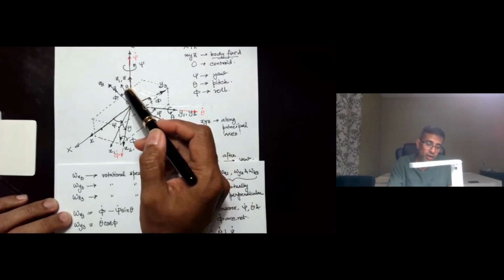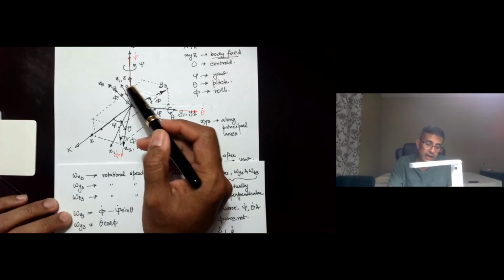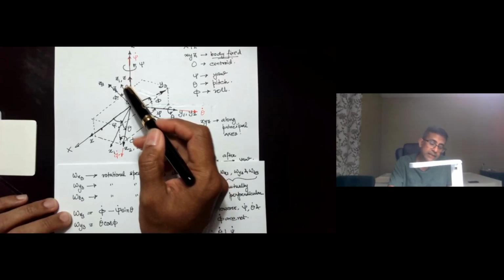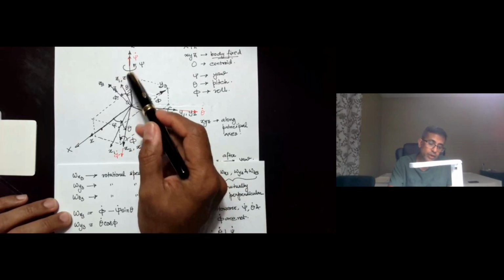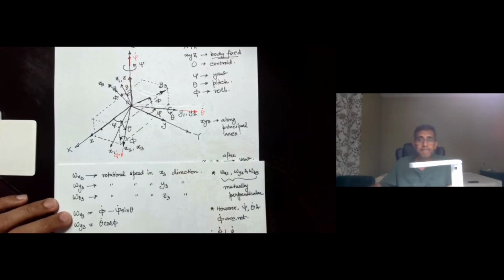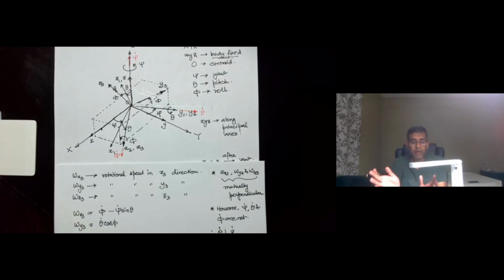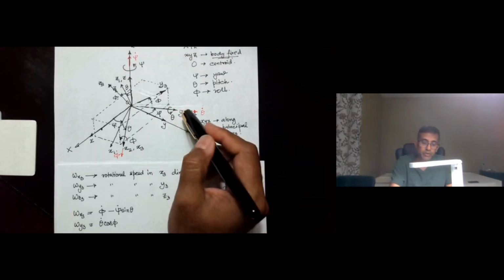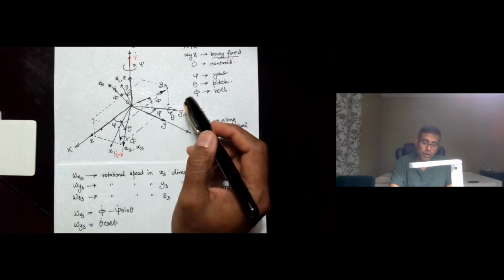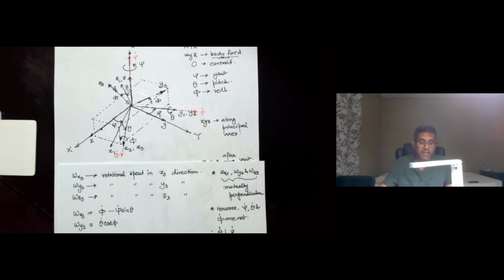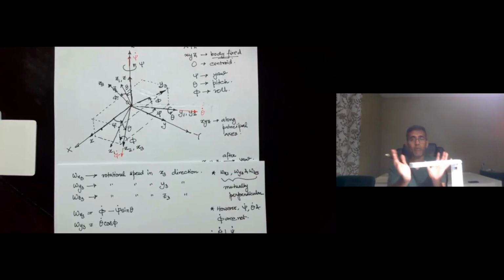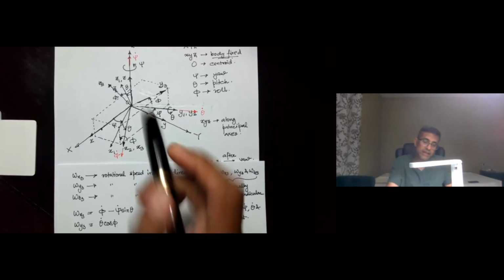Because psi dot, if you resolve it in the z2 direction, is going to be psi dot cosine theta. And then when we make the turn from y2 z2 to y3 z3, we are turning the y3 and z3 axis.